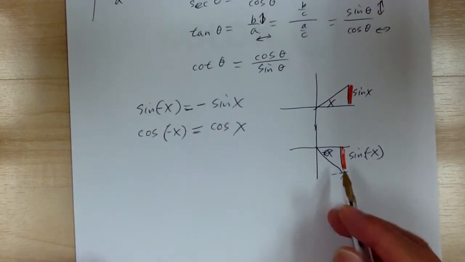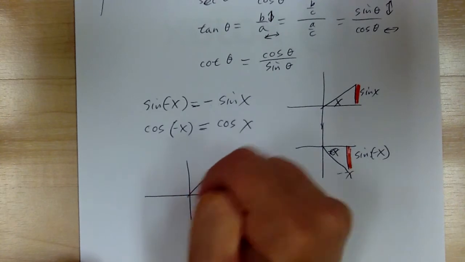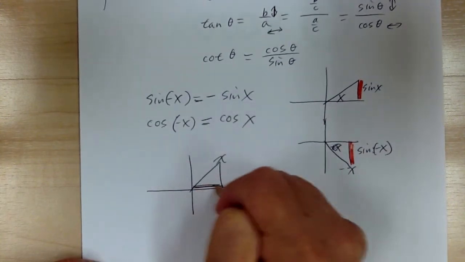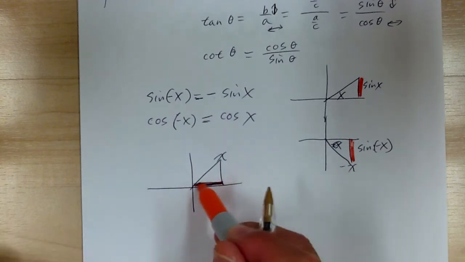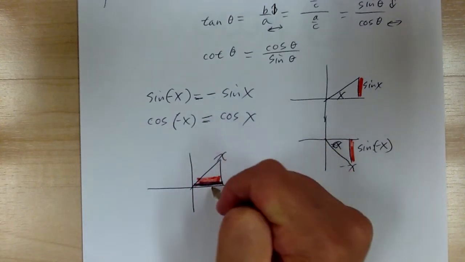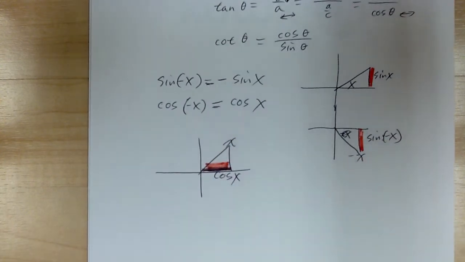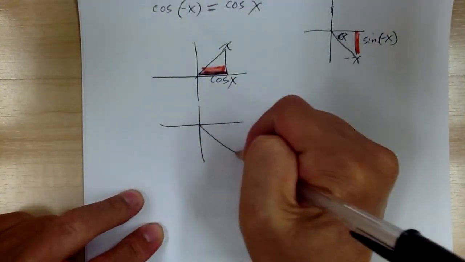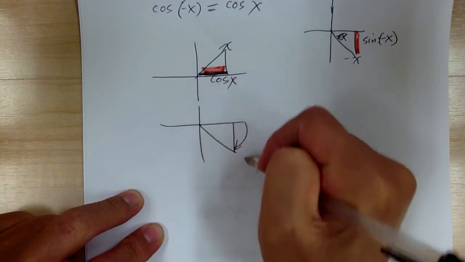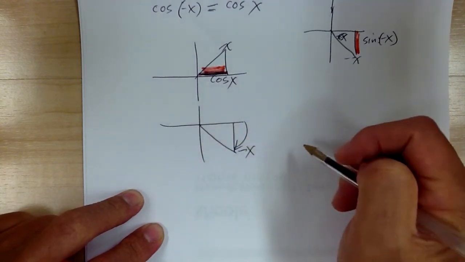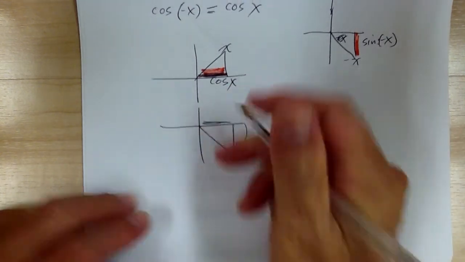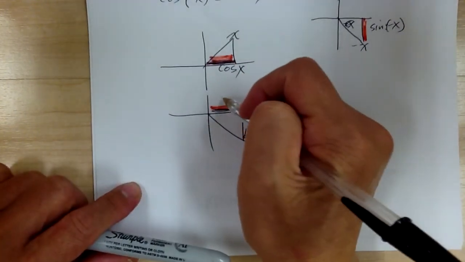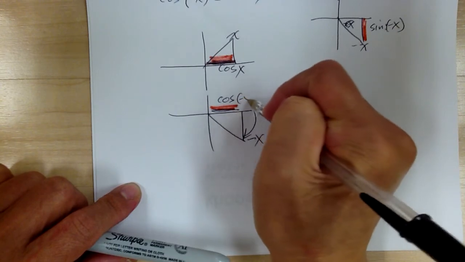Now when you're doing the cosine, again, here's your angle x. So cosine is right over here. That's your cosine of x. Now if you go in the opposite direction, you go this way. That's your negative x angle, and again, here's your cosine of negative x.